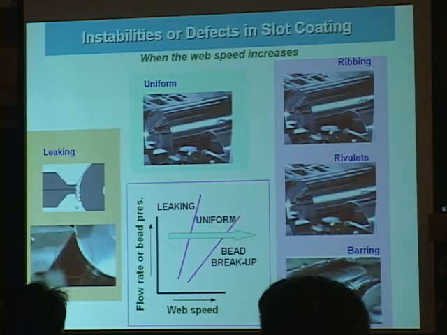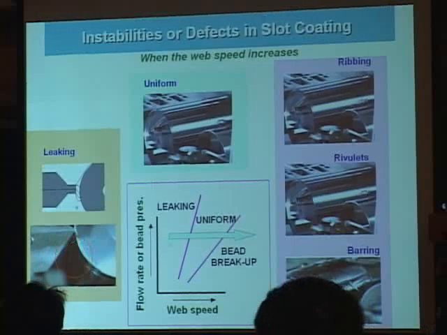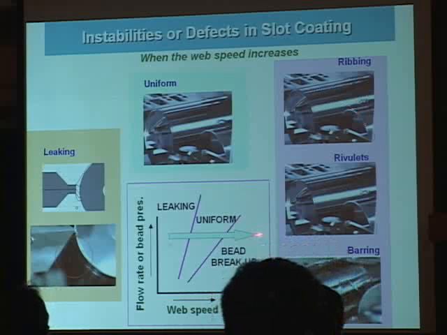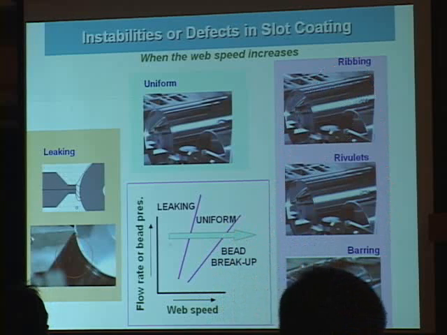When the web speed is lower, the leaking phenomenon is observed outside the upstream die regions. And there, of course, exists some stable region in the moderate web speed. And as the web speed is further increased, many defects called bead breakup can occur as shown in these figures.